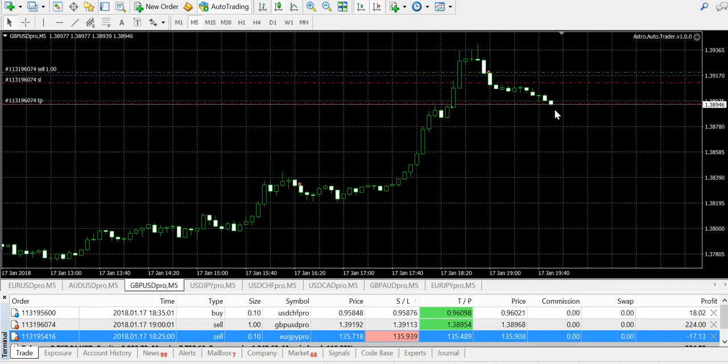It was a question of maybe 1 micro pip. You see, it is below the red line, but the spread of the broker is maybe 5 pips, and so it's still not closed.